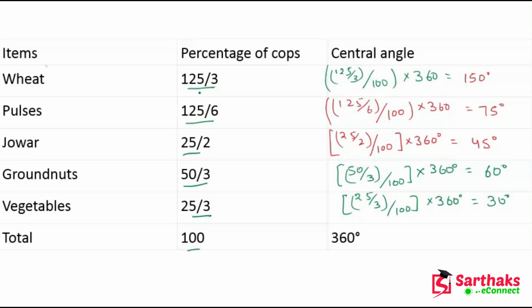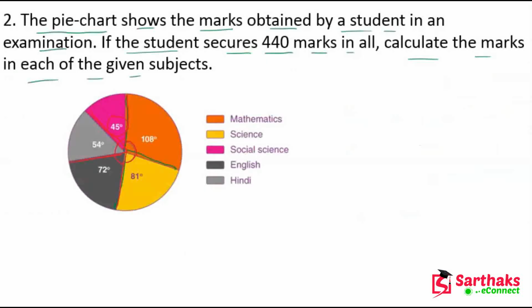So we can also find the component value with the help of the central angle. This is the reverse process. So here we are going to do the reverse process. Yes, now let's find that.